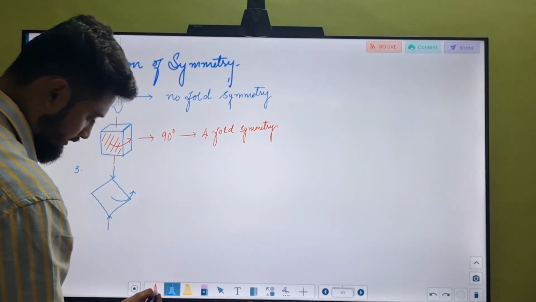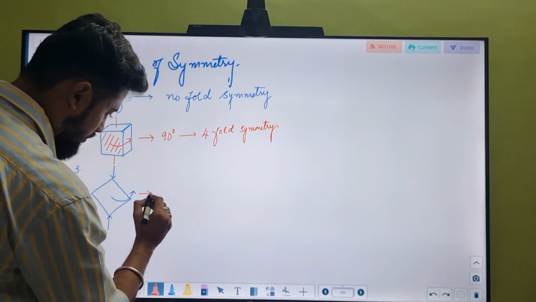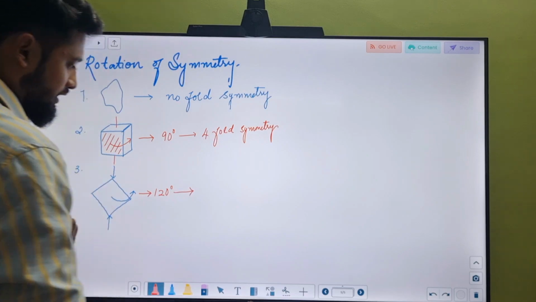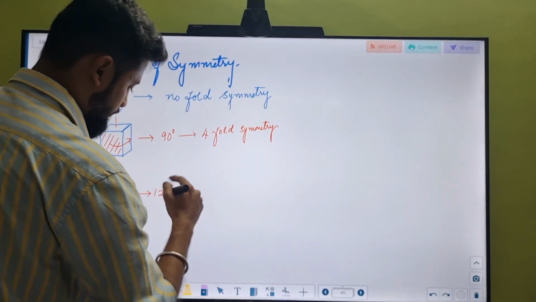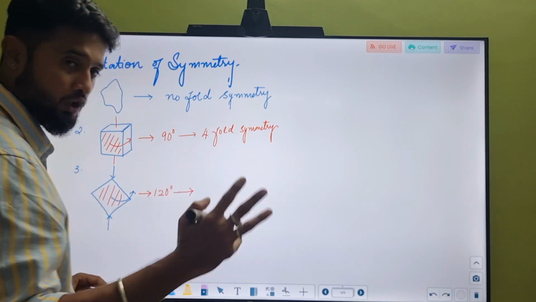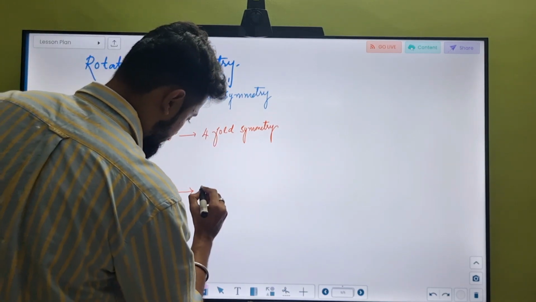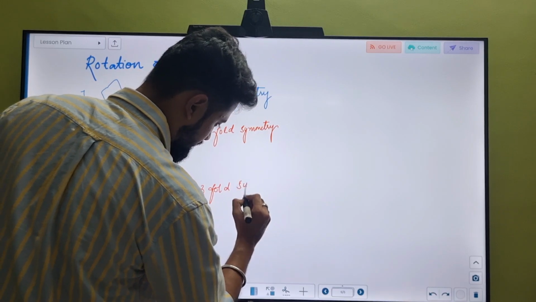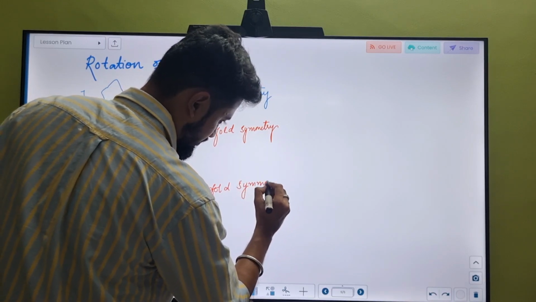At every 120 degrees we are getting a new face. So when we rotate it 3 times we get this same face, so 3-fold symmetry.